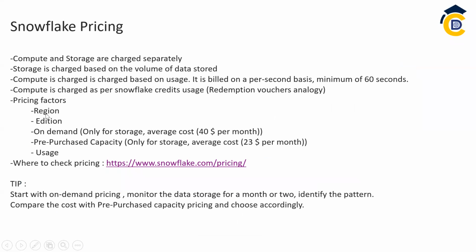When you are creating your account, that time it will ask what region you want to host your Snowflake on. It will depend on that. Then what is the edition that you are using? Those four are there, right? Standard, business critical, enterprise, VPS, not in that order. I just told whatever I remember.